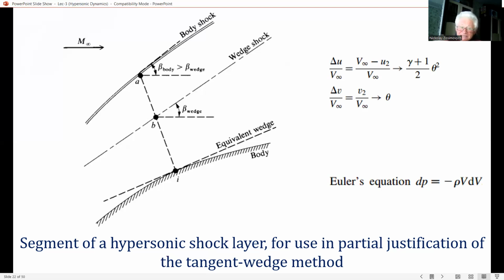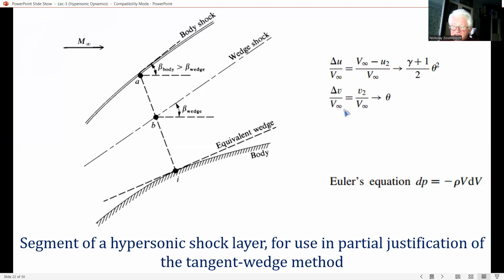And this fact, which we will revisit several times in the following module, is proved by a combination of our equations, which yield, in the limit of very large Mach number, referring to the shock geometry as we can see here, the following relations. du over v infinity, which is (v infinity minus u2) over v infinity, can be simply expressed as (gamma plus 1) over 2 times theta squared.